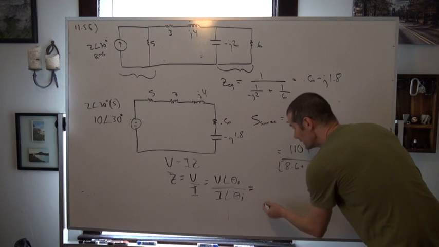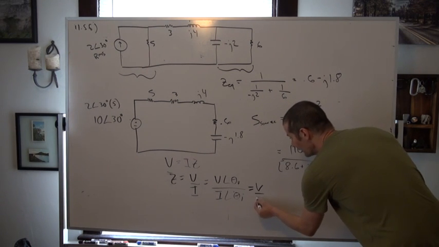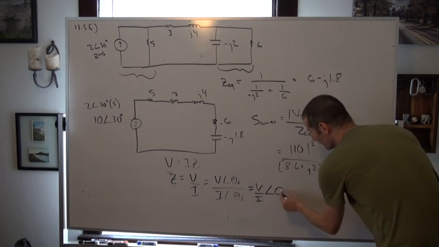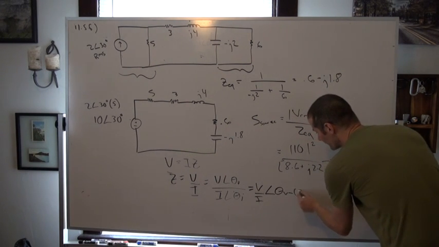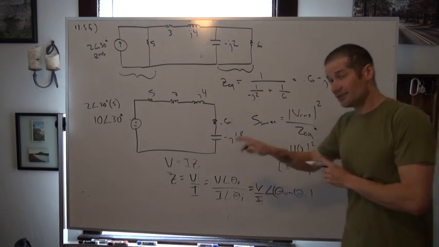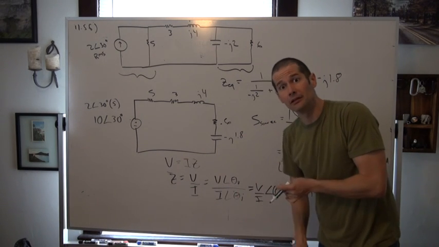We get basically V over I at an angle of theta V minus theta I. So basically our complex power's phase angle is in fact actually conserved within that impedance.